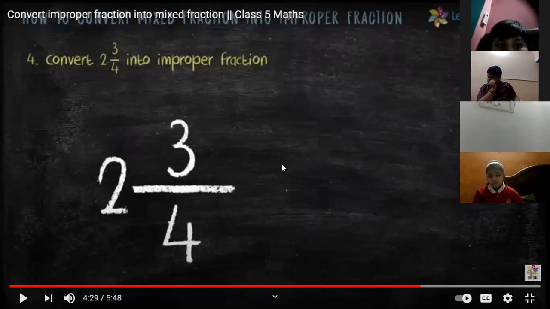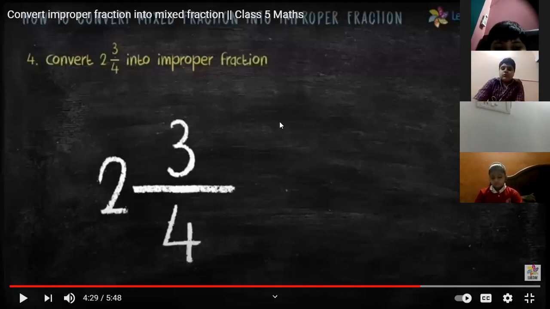Ma'am, first thing we have to do is multiply. Beta, divisor by, yes, that's very good that you are saying the proper process.